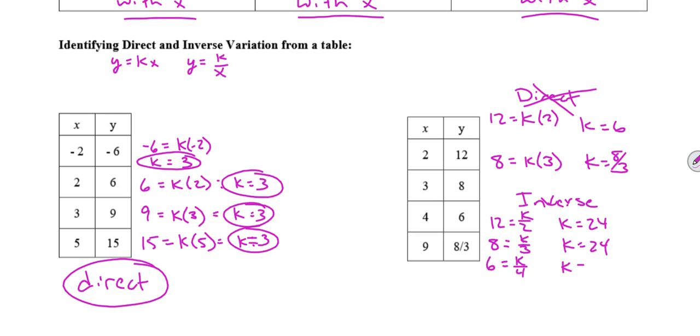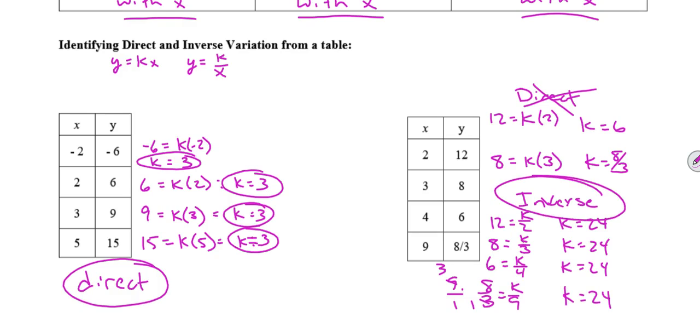So k equals 24. Good shape. 8 over 3 equals k over 9. So if I multiply that times 9, I get k equals 24. They all worked, so this is an inverse variation. Again, if one of those was different, I'd cross it off also and I'd say neither.